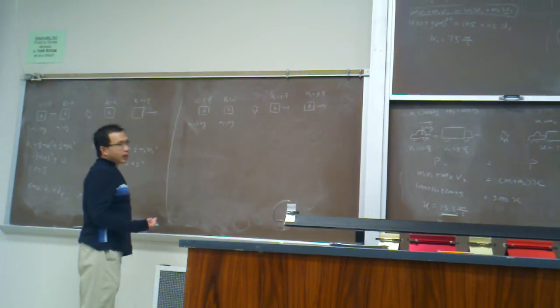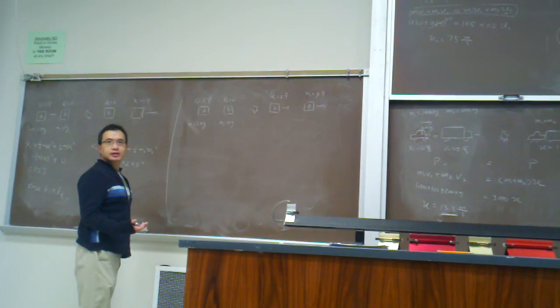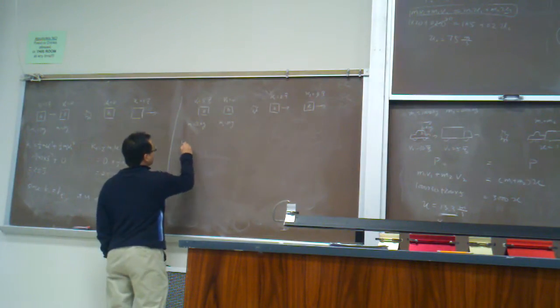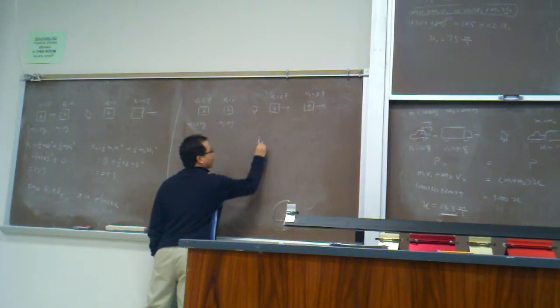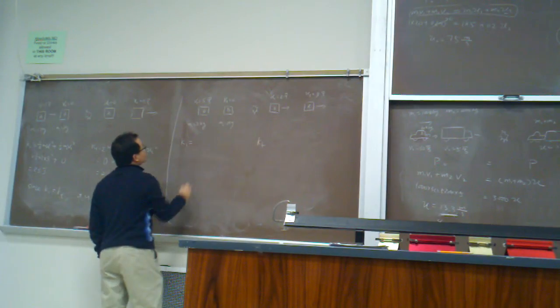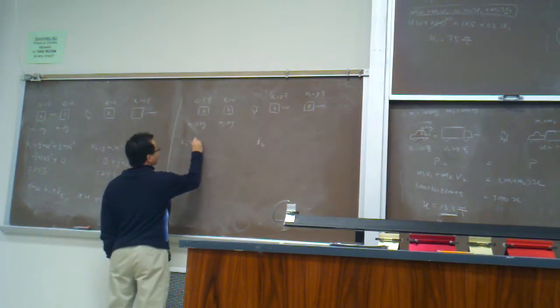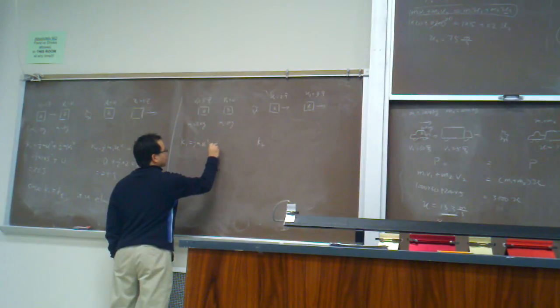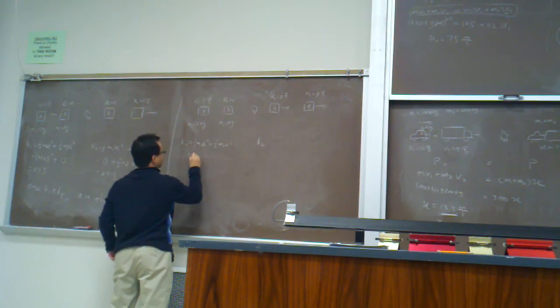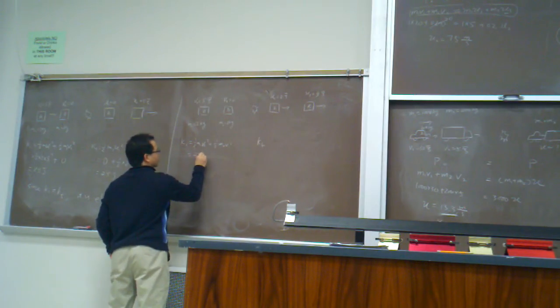Again, we want to tell if it's an elastic or inelastic collision. If I didn't give you the answer, then you have to check initial kinetic energy and final kinetic energy. The initial kinetic energy is still this one, with the same calculation, 25 joules, right?